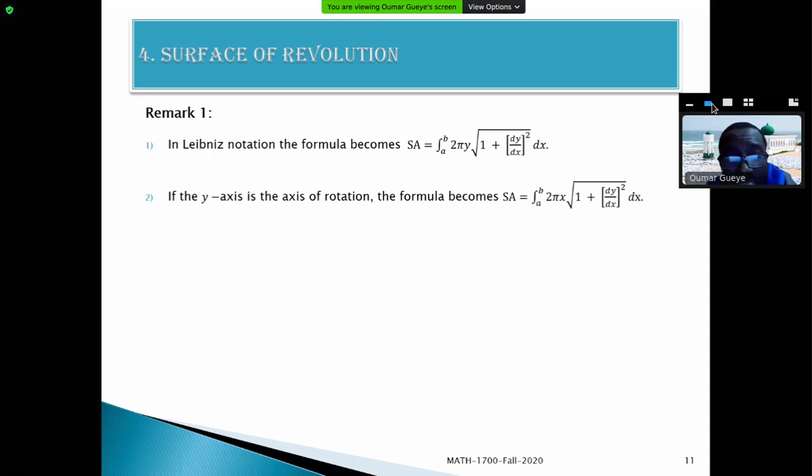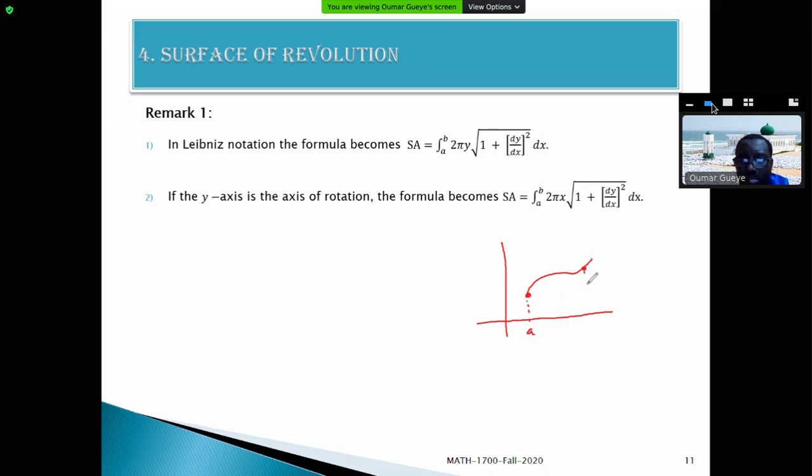We're rotating the same portion of the curve between a and b, and only the axis of rotation changes.